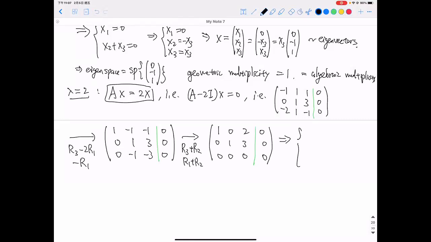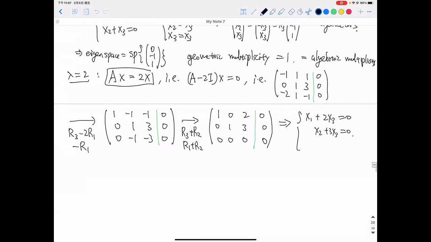which means we can now write equations. X1 plus 2X3 equals 0, X2 plus 3X3 equals 0. So that is easy to solve. X1 is minus 2X3.